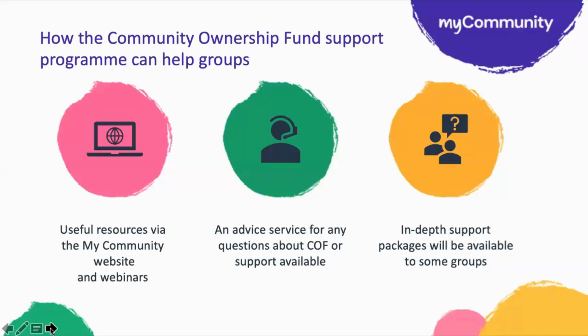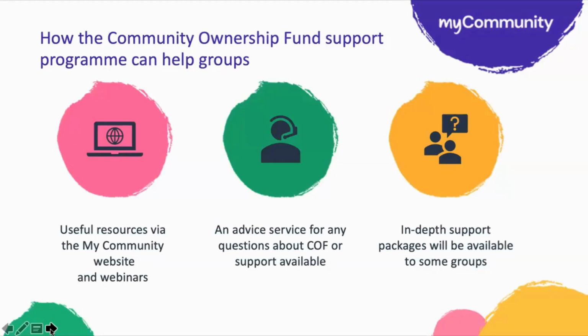If you type an inquiry into the My Community form on the website, it will get triaged out to somebody at one of those organisations, and Plunkett is one of them, so you might get a reply from us. And the other bit of the support that we provide is to prioritised groups. We are sometimes able to offer in-depth support packages to help them with their application and putting in a good quality application at the end of that process. So that's in a nutshell what we're all doing.